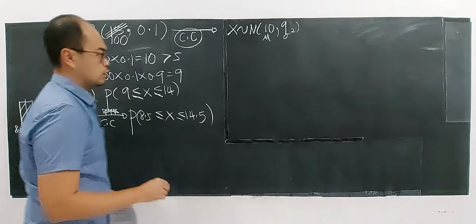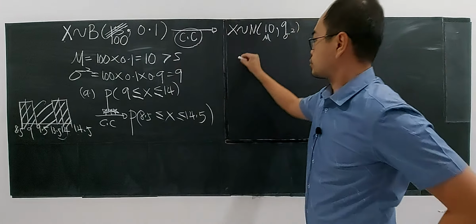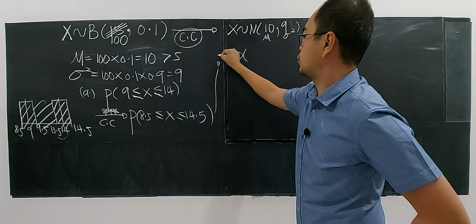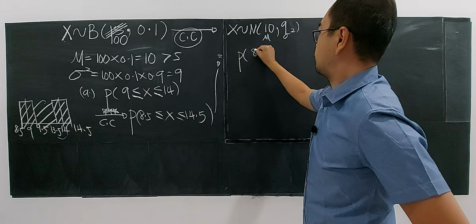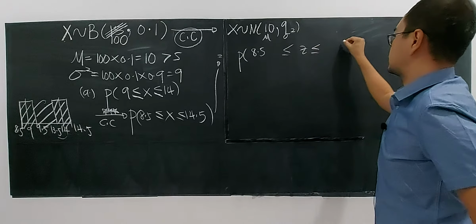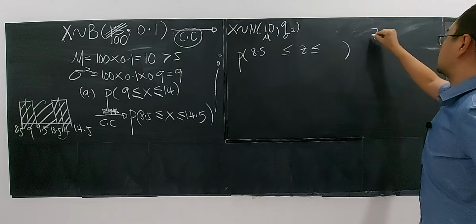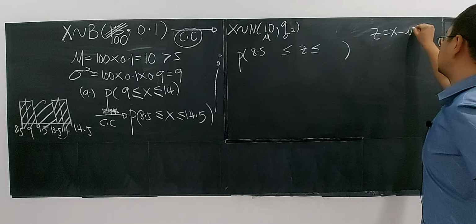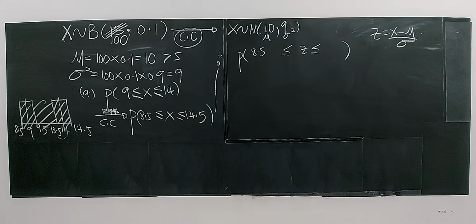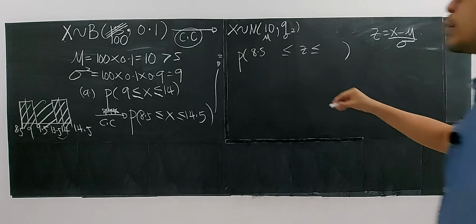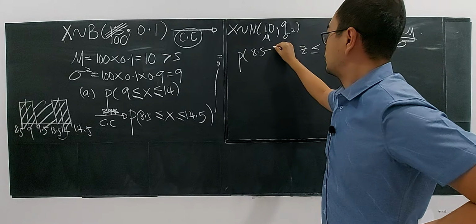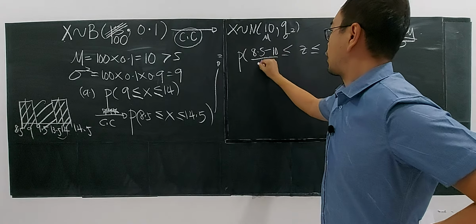So okay, now I can find this by converting into Z. I write here, equals to probability of 8.5, and I want to change it to a standard score Z. So I will use the formula X minus the mean divided by the standard deviation. Your mean is 10, divided by square root of 9.